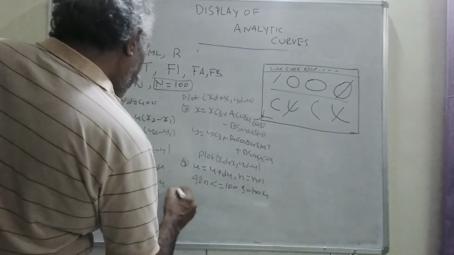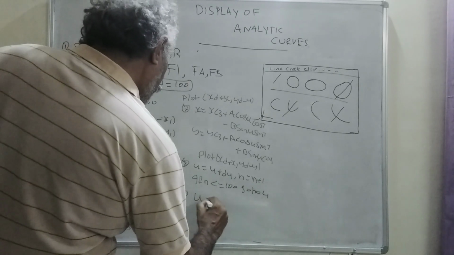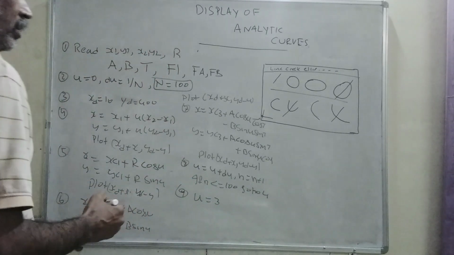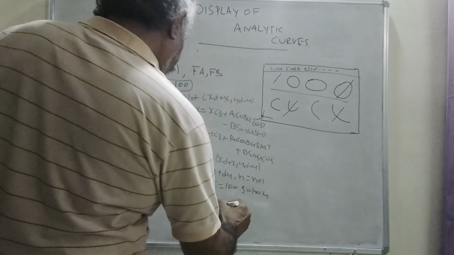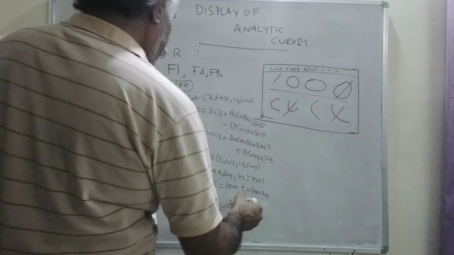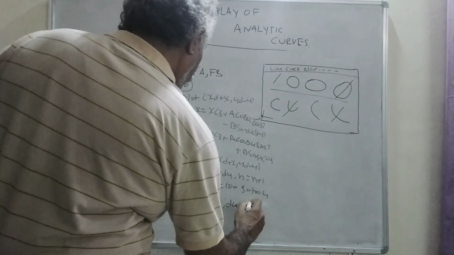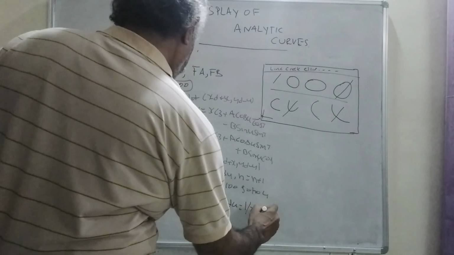And now next here for this 4, you can say u is equal to minus 3 you can take. Okay, and du is equal to, say again, 1 by 200 or something like you can take.